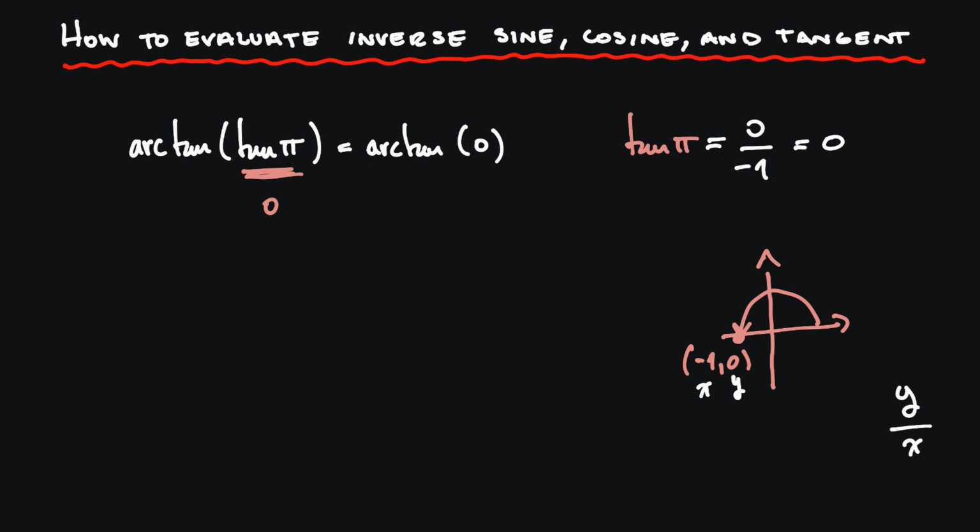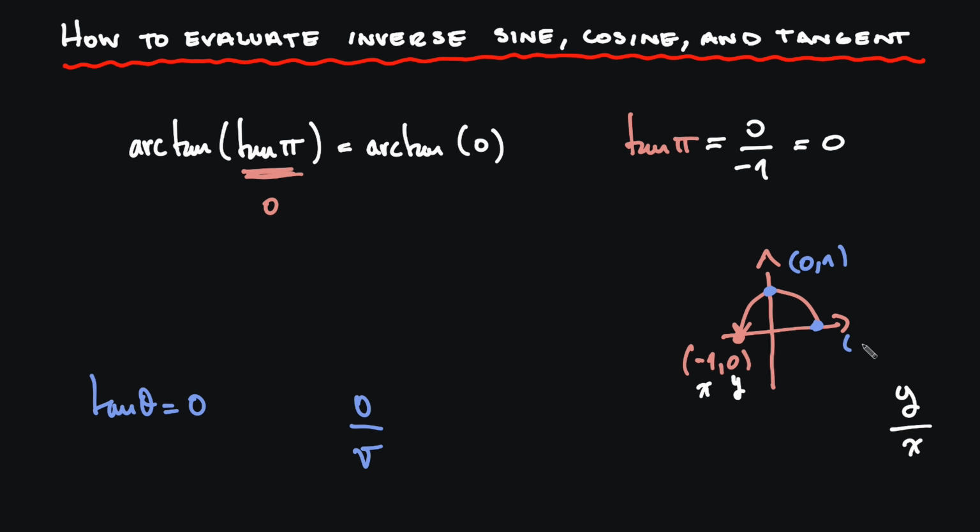So if we apply the same method, we're looking for an angle that will give us 0. When are we going to get 0 for tangent? We're going to get 0 for tangent if we have 0 over a value, because 0 divided by something is going to be 0, right? If we go back to the unit circle, this is (0, 1).